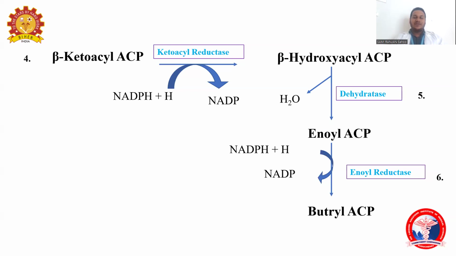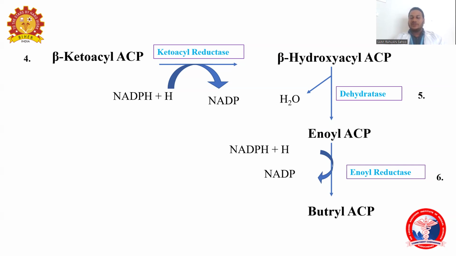So in the third reaction we saw acetyl plus malonyl form ketoacyl ACP. Fourth, ketoacyl ACP is converted into beta hydroxy acyl ACP. Fifth, beta hydroxy acyl ACP is converted to enoyl ACP. Sixth, enoyl ACP is converted into butyryl ACP.